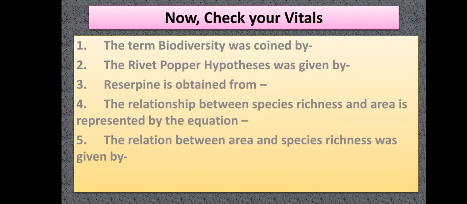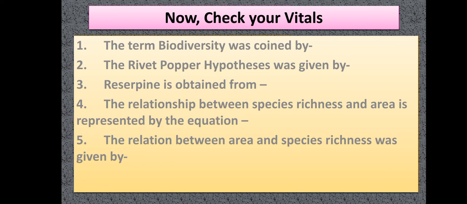Now you can check your progress here. There are different questions taken from the entire chapter, and from these questions you can check your progress. First question: the term biodiversity was coined by.